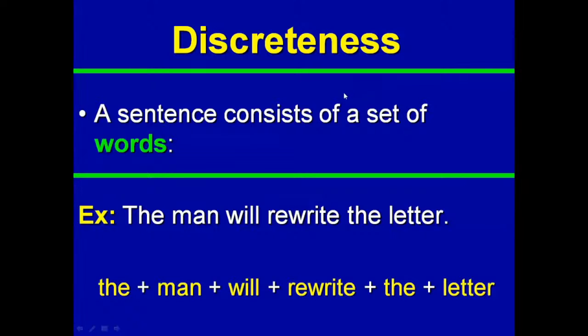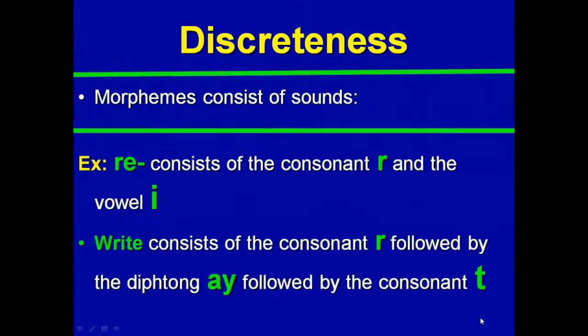You remember that we talked about sentences that consist of a set of words. For example, the man will rewrite the letter. It's possible to divide this sentence into words: the plus man plus will plus rewrite plus the plus letter. And of course, words can be divided into smaller units that we call morphemes.